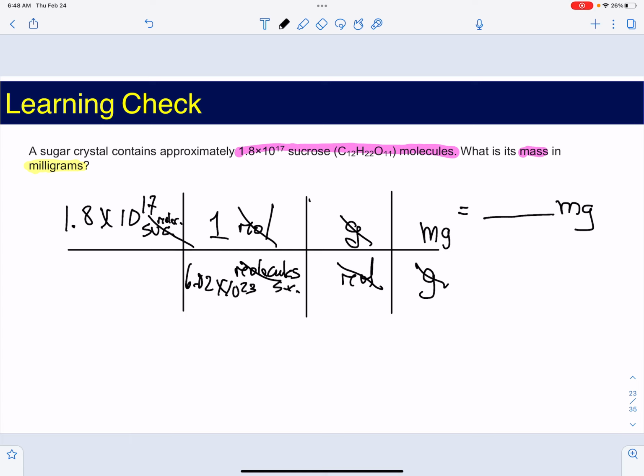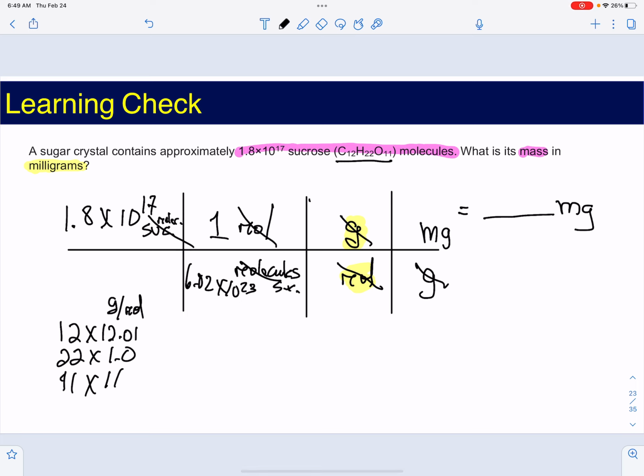Grams and moles, we're talking about molar mass for sucrose. That's going to be 12 times 12.00, and these are going to be grams per mole, right? In addition to that, you're going to have 22 hydrogens times 1.0, and you're going to have 11 oxygens times 16.0.